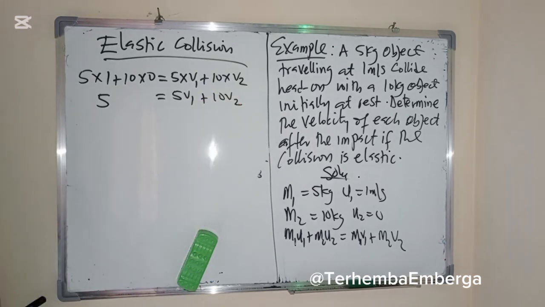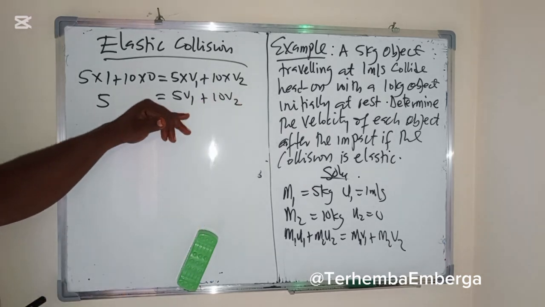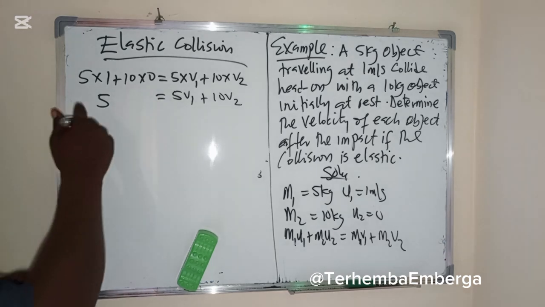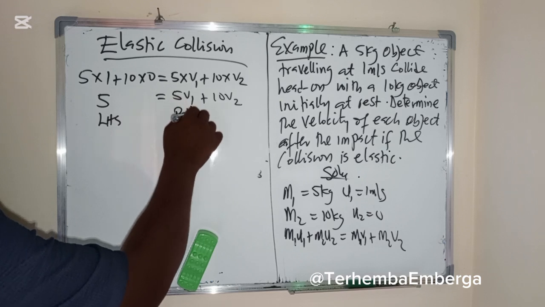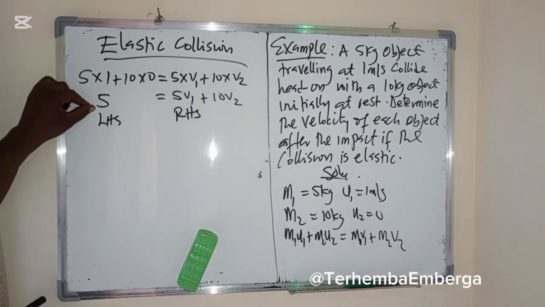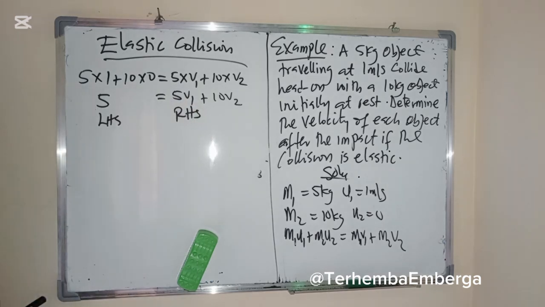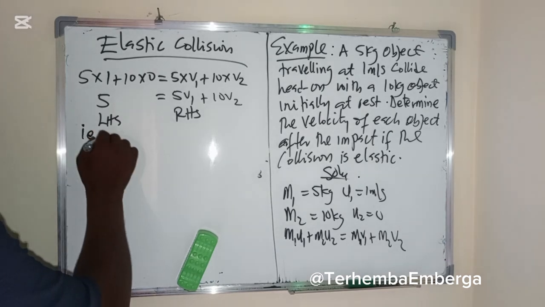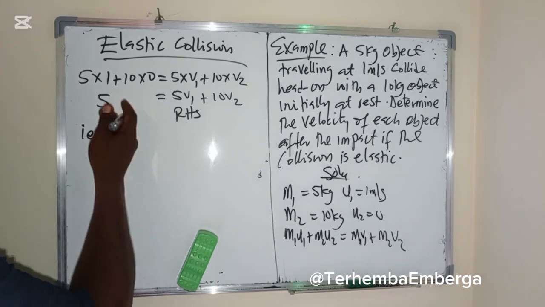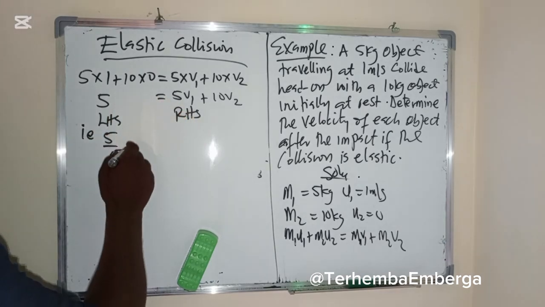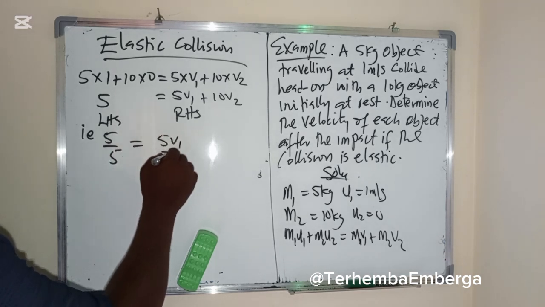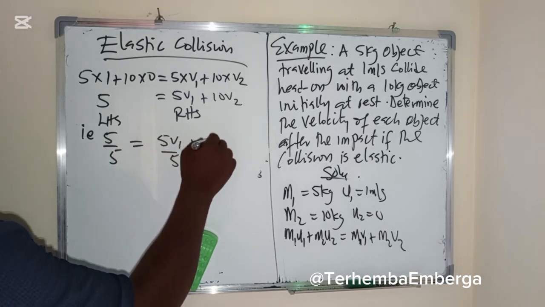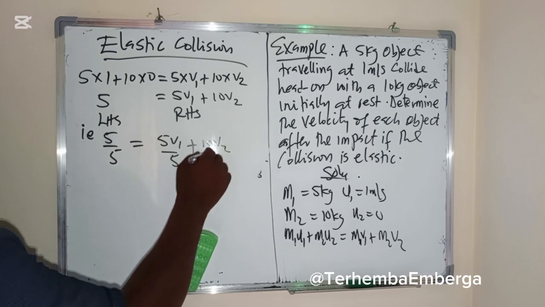Of course, we can reduce this equation in such a way that we can handle it properly. This is the left-hand side of the equation and this is the right-hand side. We divide through by 5, that is 5/5, because whatever you do to the left-hand side must be done to the right-hand side, so 5V1/5 plus 10V2/5.